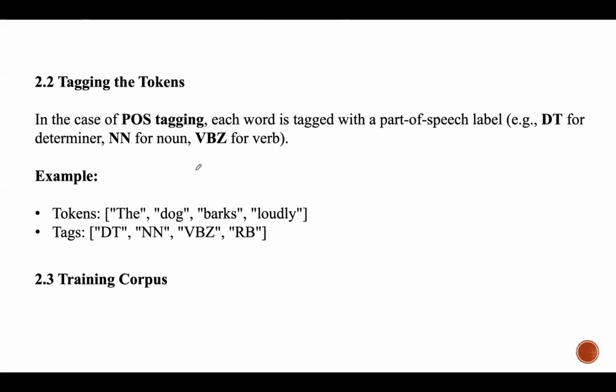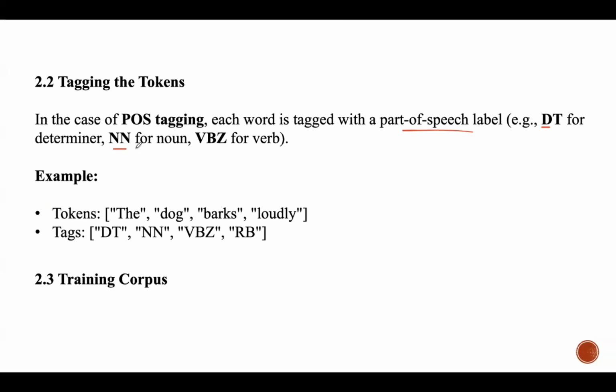Then step 2 is tagging the tokens. For supervised learning, which is most common for ngram tagging, we need a labeled corpus where each word is assigned a particular tag. In case of POS tagging, each word is tagged with a parts of speech label. If it is a determiner, then the label assigned is DT.